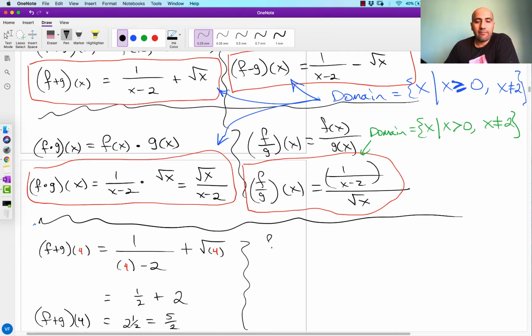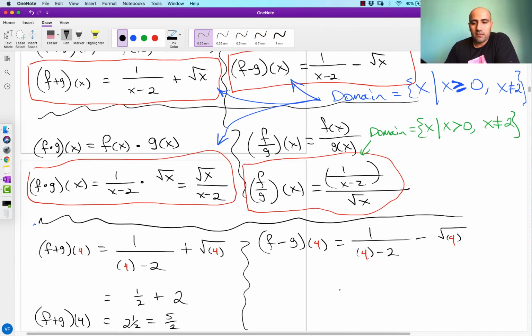And then f minus g. f minus g is defined as 1 over blank minus 2 minus the square root of blank. And so if we're evaluating this at 4, it's a function evaluated at x, just following this little set of instructions here. So put a 4 there.